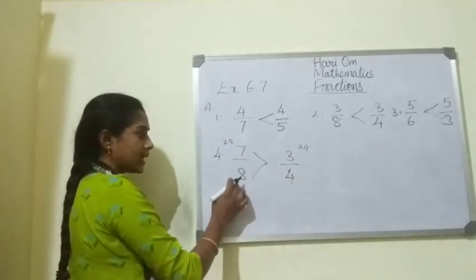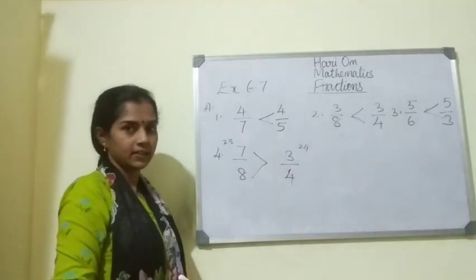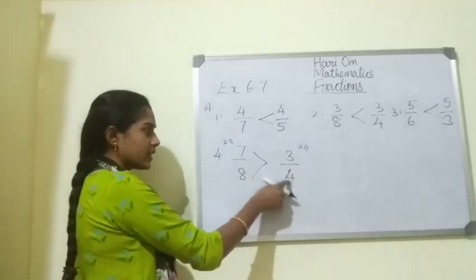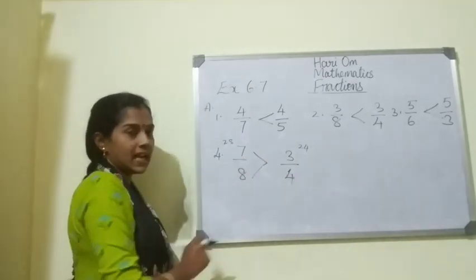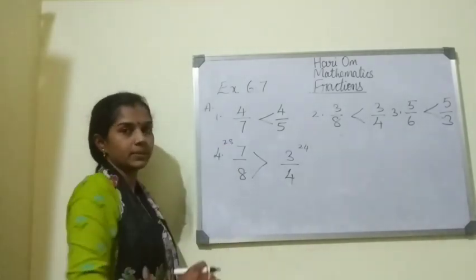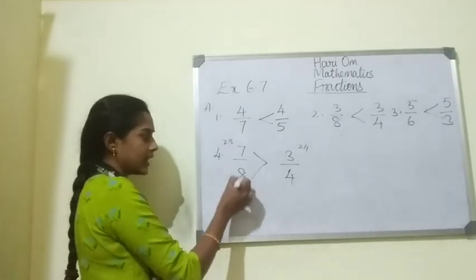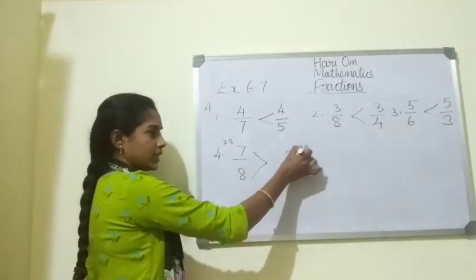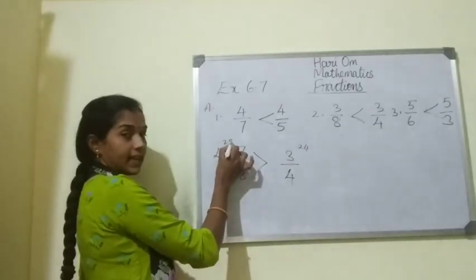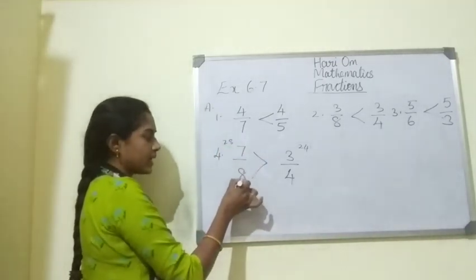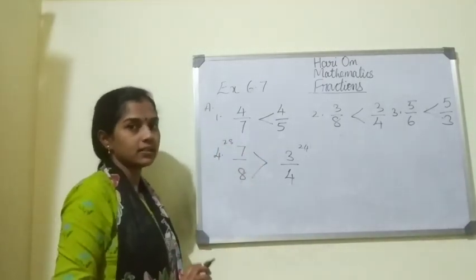So 7 by 8 is the greatest fraction. Understood, children? We are cross multiplying, and the fraction with the greater product will be the greatest fraction. So 4 7s are 28, 8 3s are 24. So 28 is greater. So 7 by 8 is the greatest fraction.